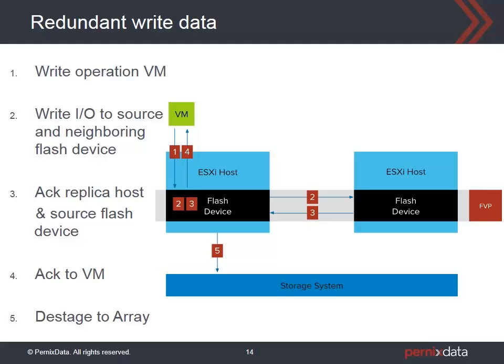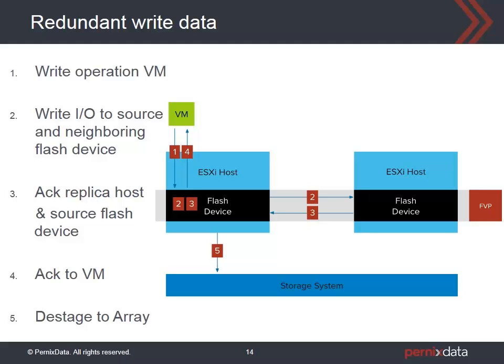So from that point on, only then the application will know that the data is safe. So if the local ESX host fails, we are always certain that the data resides on a remote flash device. And in that case, the remote flash device will send it towards the array to keep it safe there.